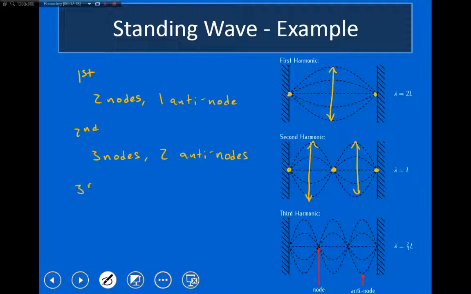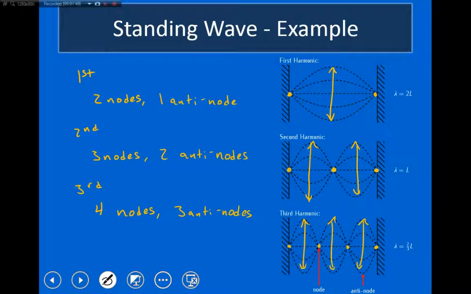Finally, for the third harmonic, we have 4 nodes and 3 antinodes. One here, here, and here.